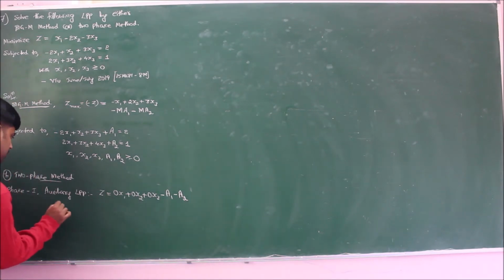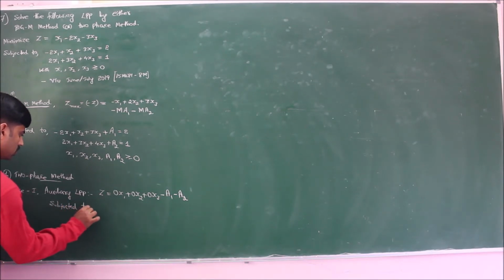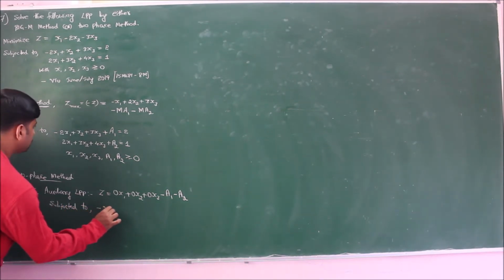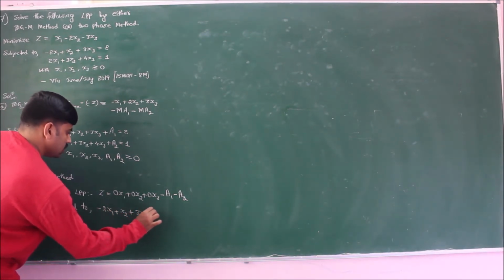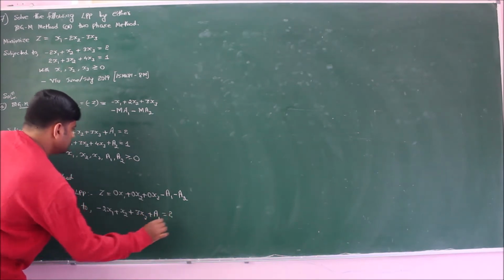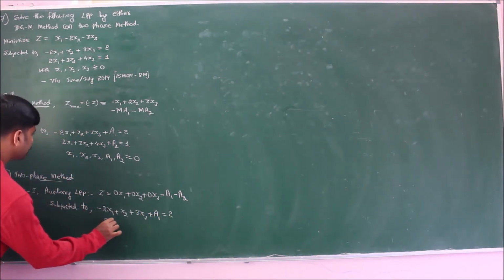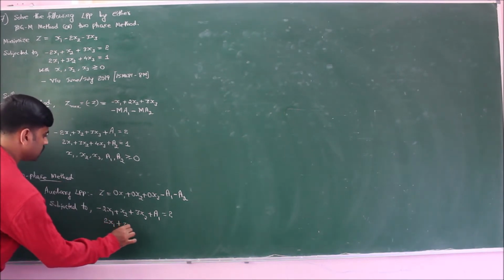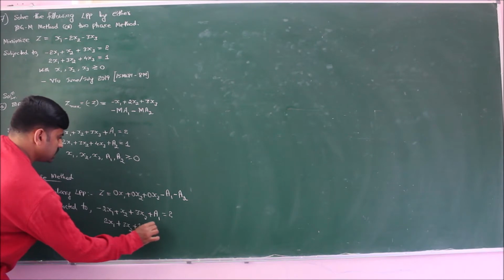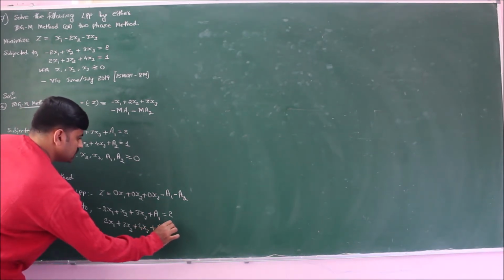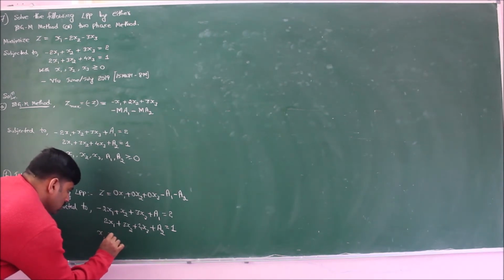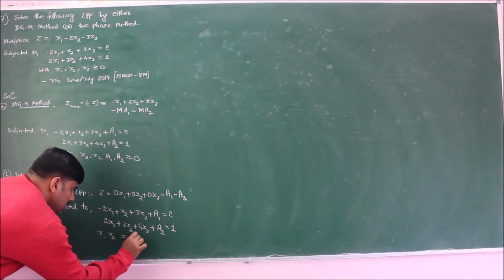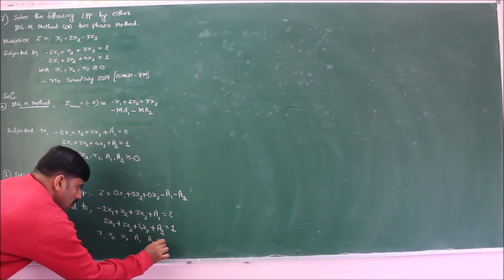Now coming for the constraints, they remain the same, that is minus 2x1 plus x2 plus 3x3 plus artificial variable a1 equals 2, and 2x1 plus 3x2 plus 4x3 plus artificial variable a2 equals 1. Coming for the positivity constraints, x1, x2, x3, a1, a2 are all positive.